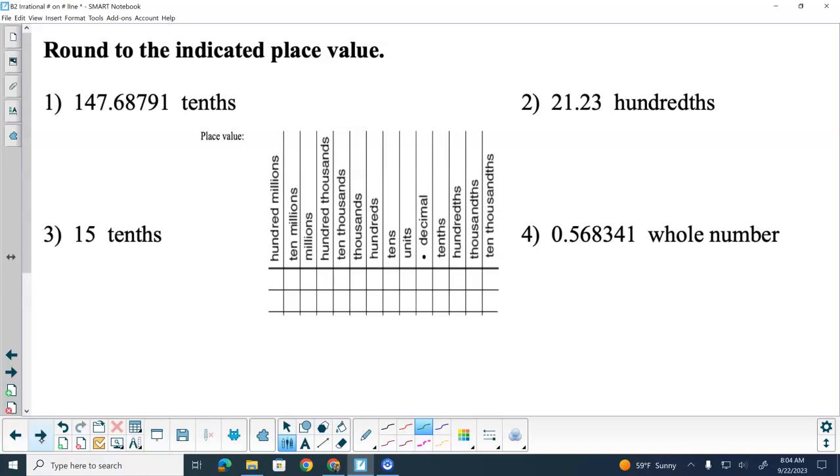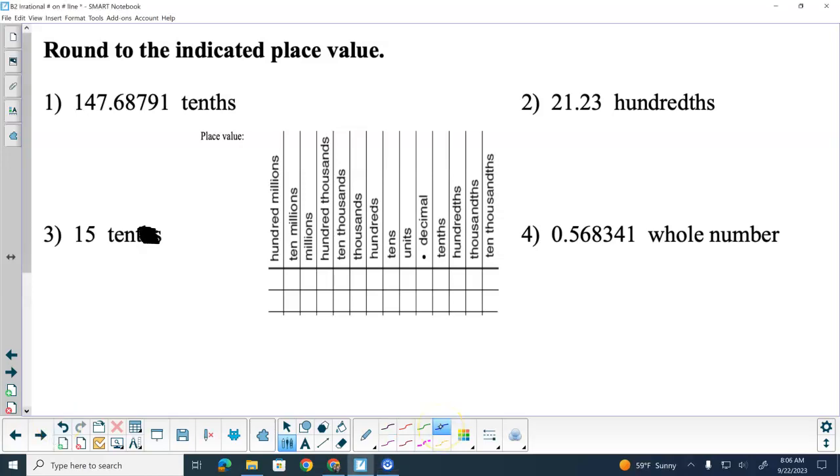Let's make a change here. Let's round this one to the tens. Round that one to the tens, not the tenths. And number 4 to the whole numbers.